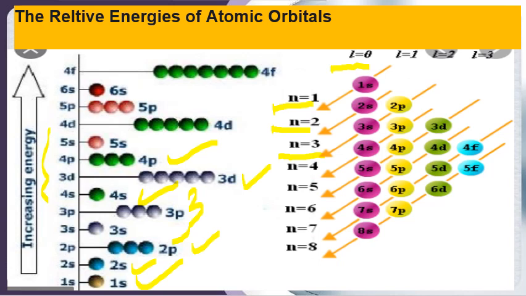Right? Now here the l values are also mentioned. As I told you earlier, the l value for s is 0, the l value for p is 1. For each p orbital, whether it is px, py, or pz, it is 1. For d it is 2, and for f it is 3.